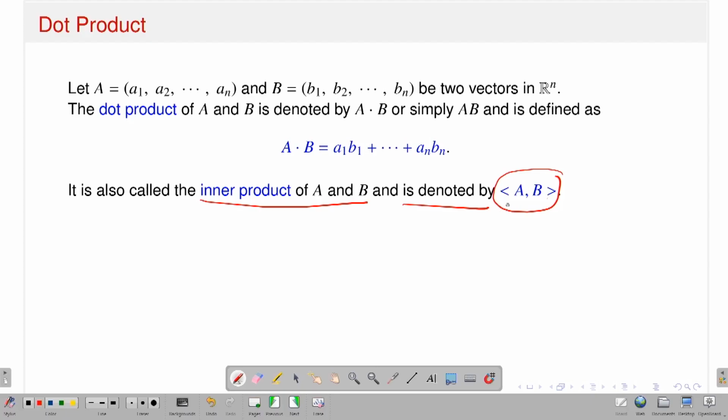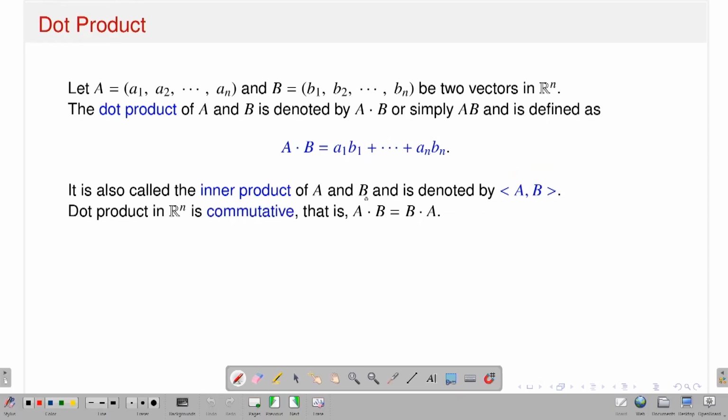The first property of the dot product is that it is commutative, that is, A dot B equals B dot A. You can do the dot product in either order because they give the same value. Another observation is that the dot product gives a scalar value. So this is an operation between two vectors yielding a scalar.